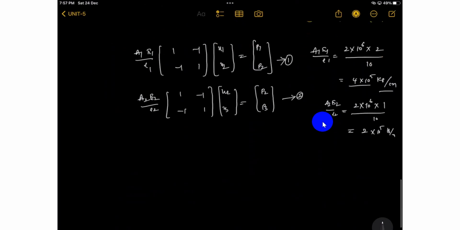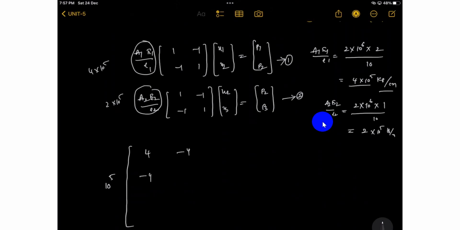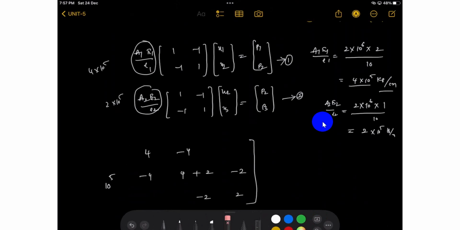Combining globally, this value is 4 into 10 power 5 and this value is 2 into 10 power 5. I will take 10 power 5 outside and write the equation: 4, -4, -4, 4, and then second plus 2, -2, -2, 2. That's it.